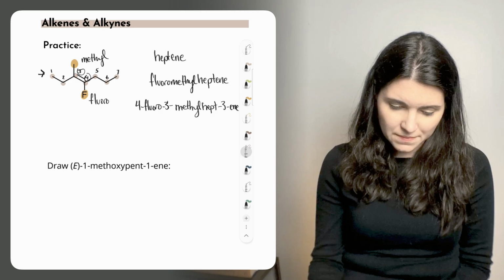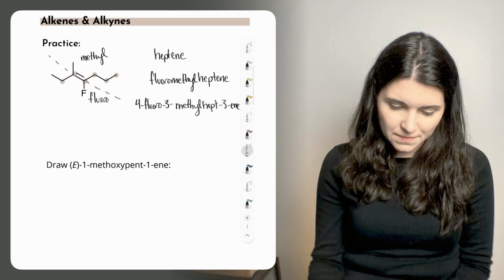So remember, we're going to look at this plane that goes through the double bond. And on each carbon, we're going to decide which one is our high priority group. So I'm just going to erase the locants so we can not get too distracted while we decide what is high priority here.